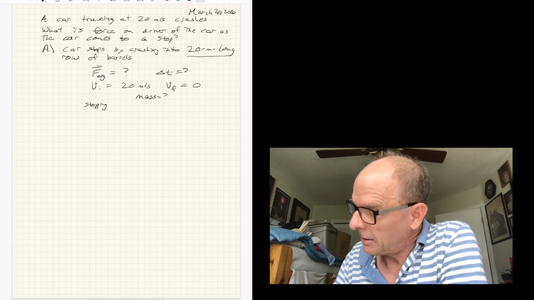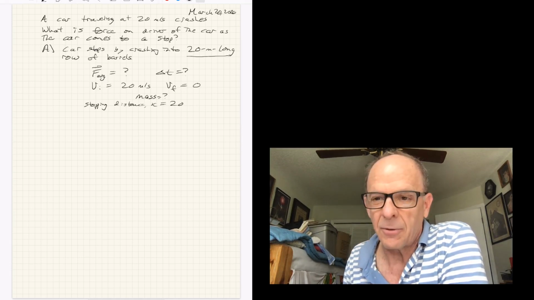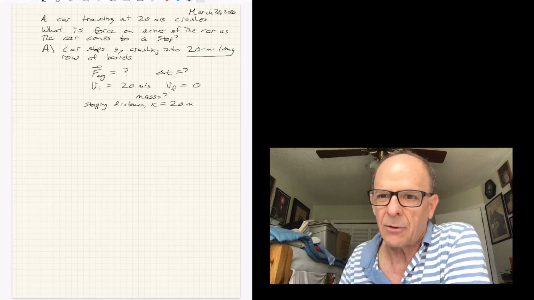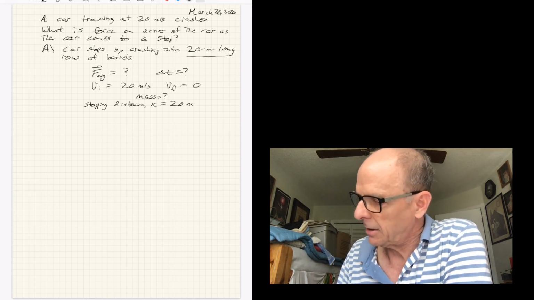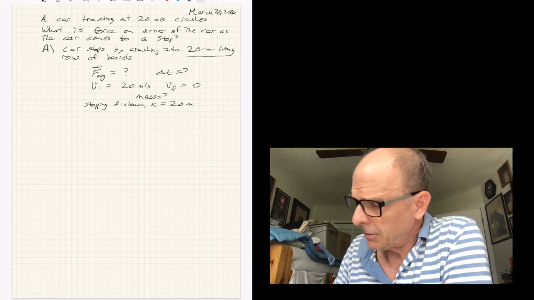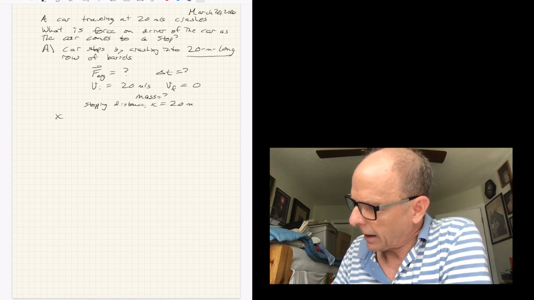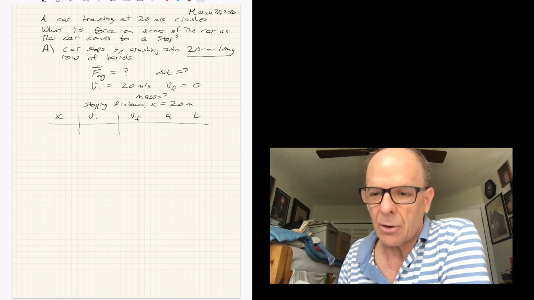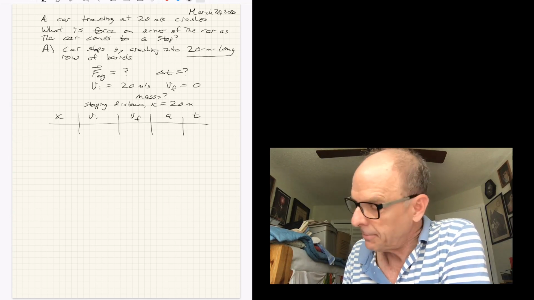So the stopping distance, x, is 20 meters. Okay, let's go after the time if we can, and the acceleration if we need to. So to do that, I'm going to set up my table of 5 kinematic parameters, as we learned how to do in chapter 3.